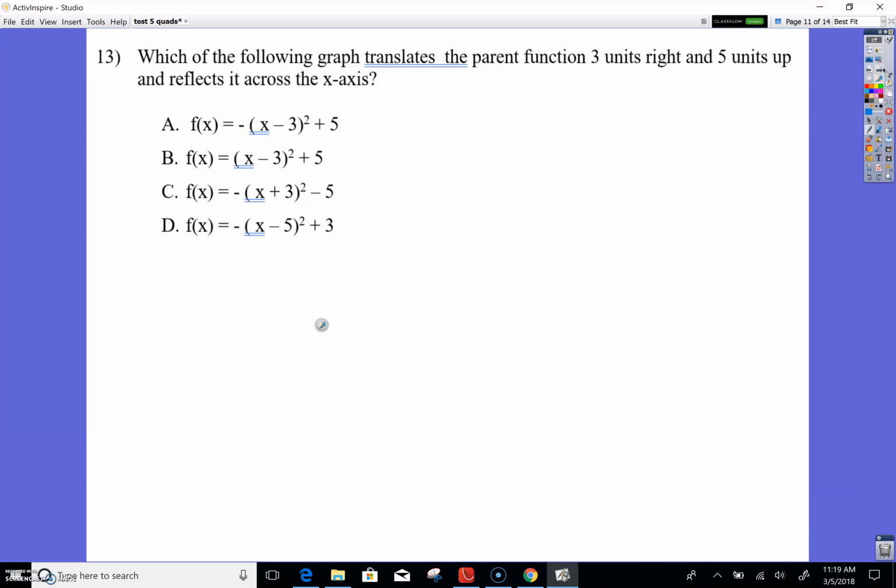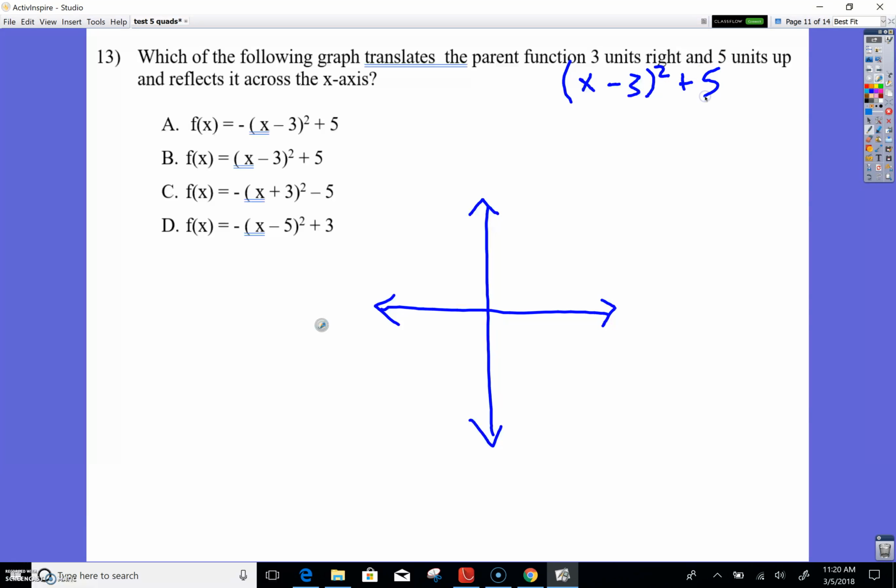Which of the following graphs translates the parent function 3 units right and 5 units up, okay? Remember, right is minus 3 inside the parentheses, okay? And 5 units up, so that should be plus 5. Okay. Oh, and it reflects across the x-axis, so that's why I'm going to put a negative.